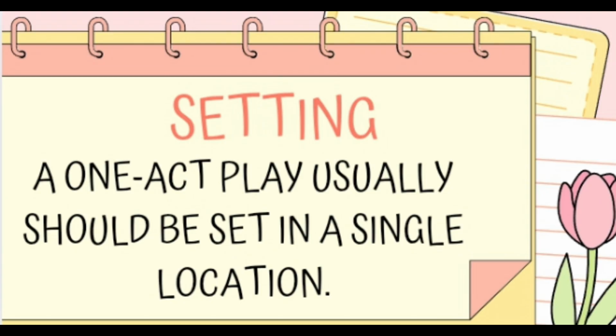This helps keep the story simple and focused, since there's not much time to shift between places. A single setting also makes it easier to stage and perform the play, especially with fewer scenes and characters.